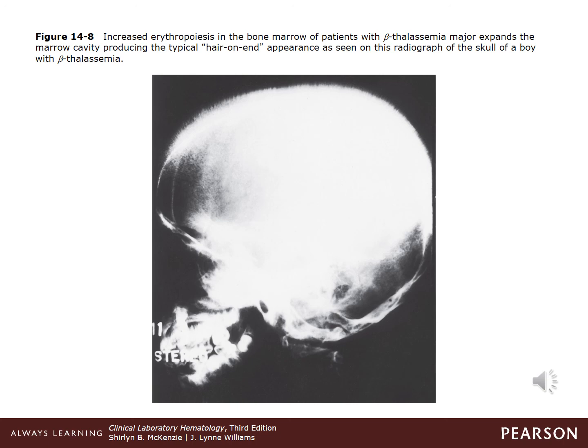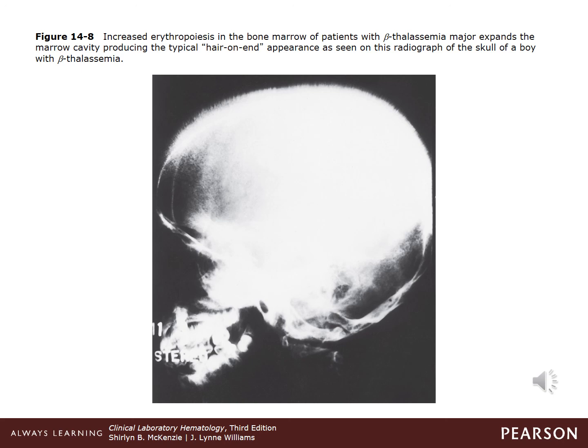Now here is an image of beta thalassemia major. Here we start to see clinical manifestations at about 6 months of age when the hemoglobin starts to convert to A. As you can see in this image, the increased erythropoiesis of the bone marrow to extramedullary places causes expansion of the cavities and creates, if you can see at the top, hair-like projections on the skull of a boy.